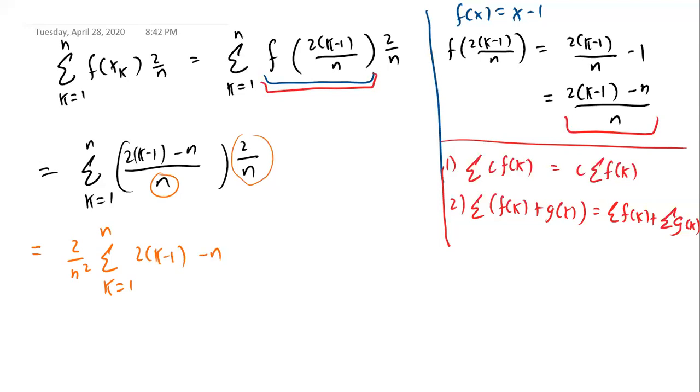Now I'm going to use the second property to rewrite this as 2 divided by n squared times the sum k equals 1 to n of the first part, 2 times k minus 1, plus 2 over n squared times the sum k equals 1 to n of the second part, which was minus n.